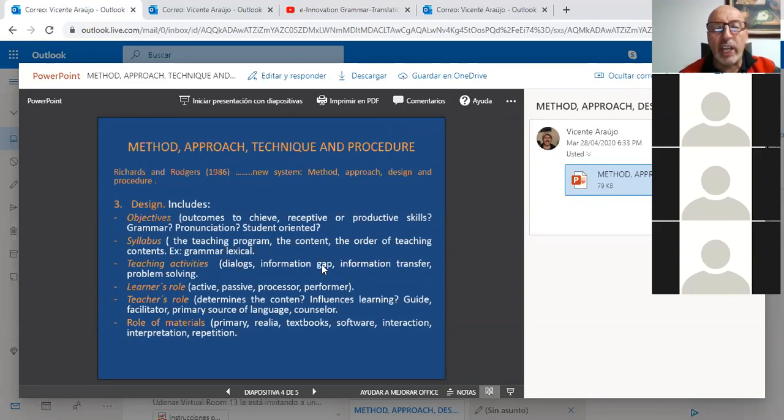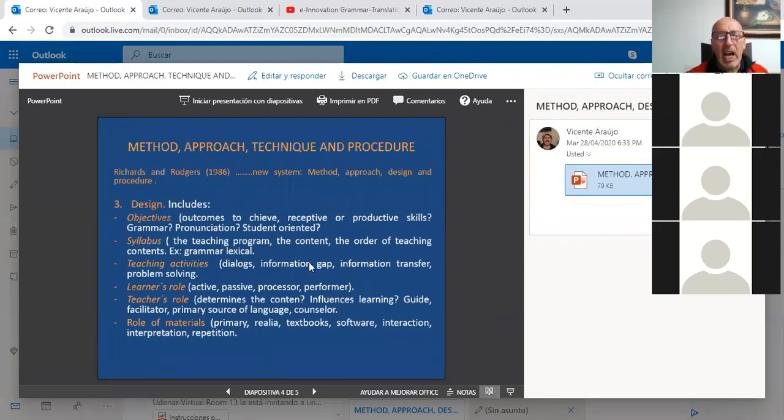What is information gap? This information gap is a good activity because in this activity, if there are two people, one of them doesn't know something, but the other person does, and vice versa. The other person doesn't know something that I do. That's information gap.